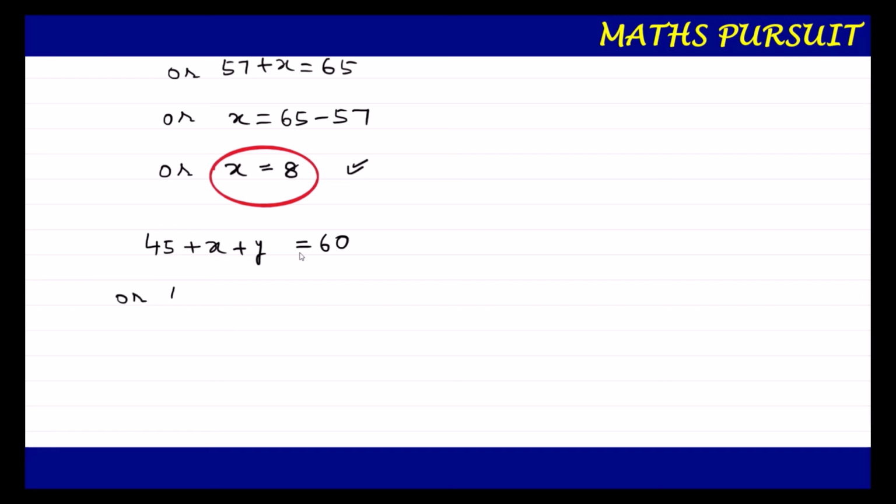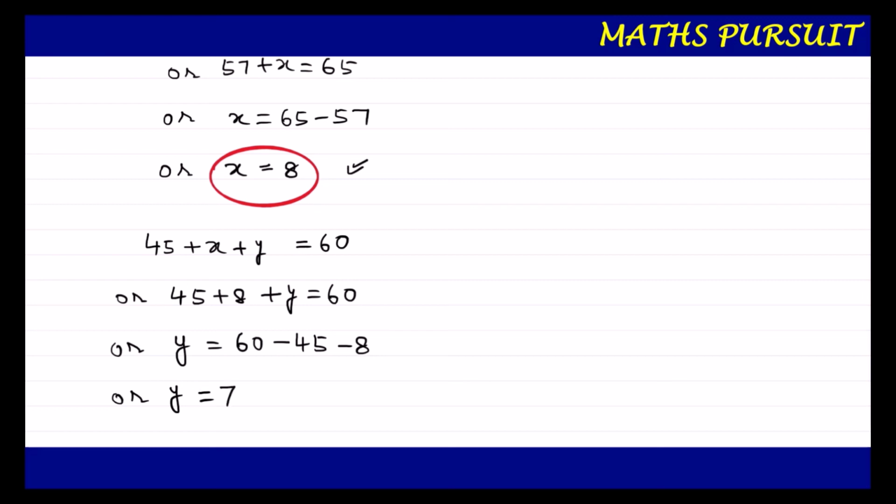So 45 plus 8 plus y is equal to 60, or y is equal to 60 minus 45 minus 8, so y is 7. So guys, what we got? We got the value of y as 7.